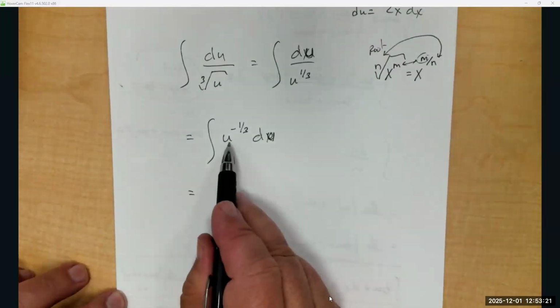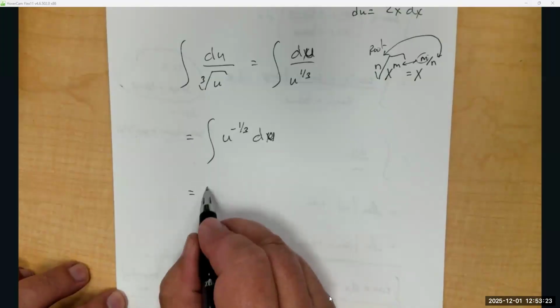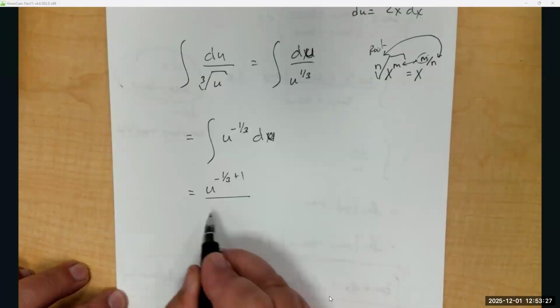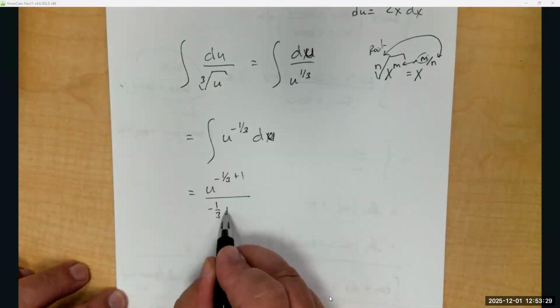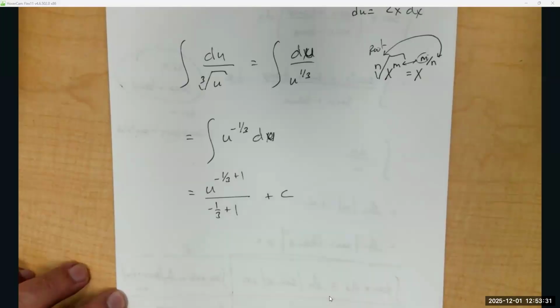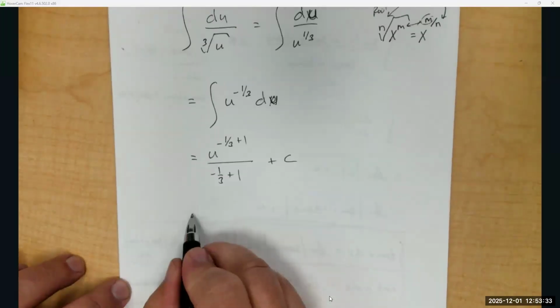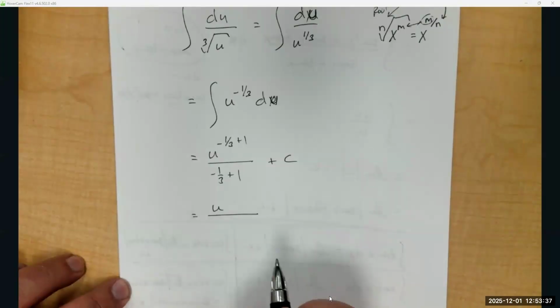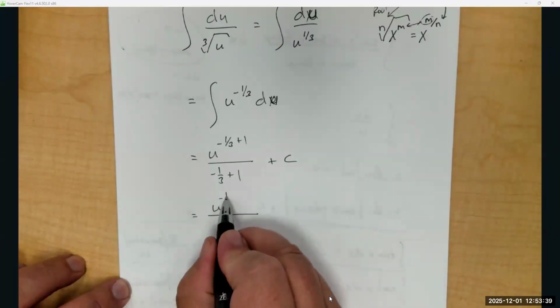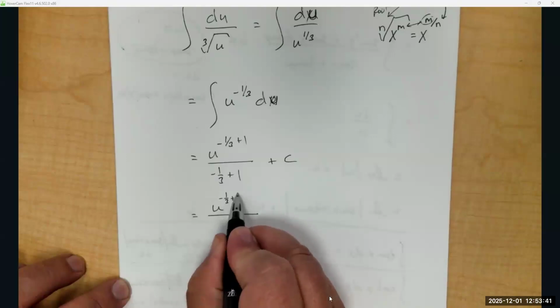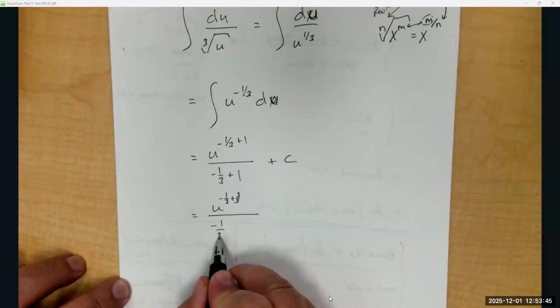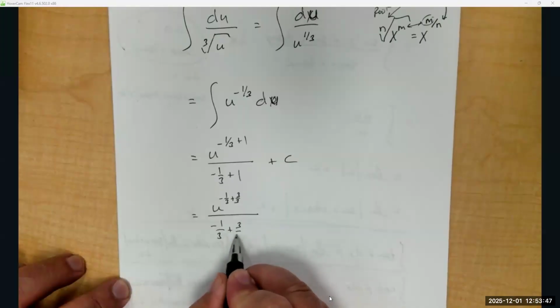So the integral of u to the power negative 1/3 is u to the negative 1/3 plus 1, over negative 1/3 plus 1, plus c. So negative 1/3 plus 3/3.